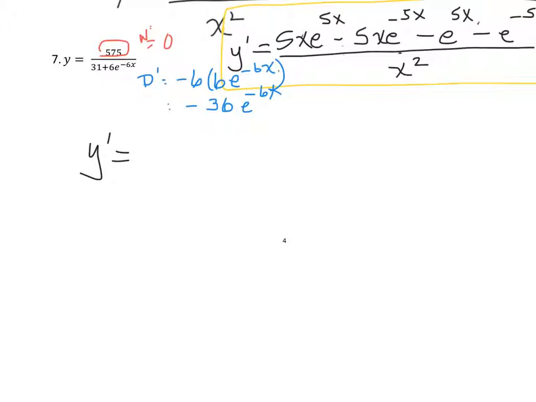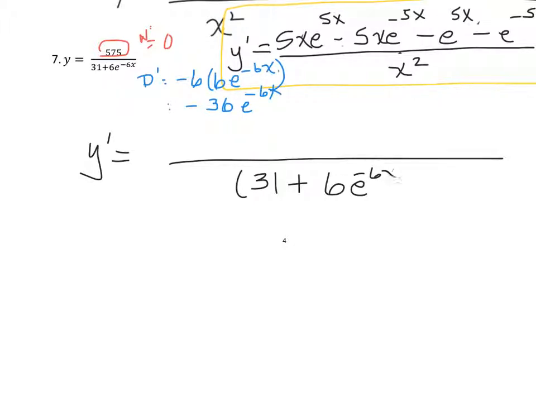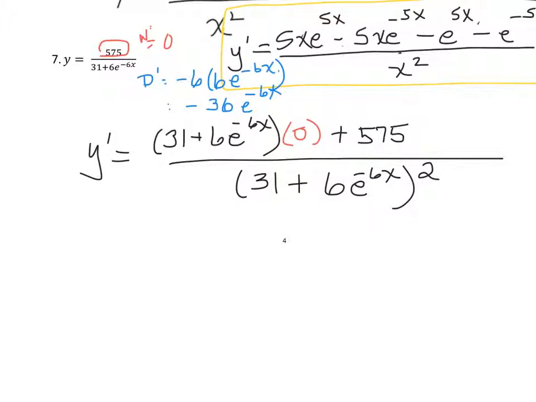So y prime says start in the denominator, and the denominator is 31 plus 6e to the -6x, quantity squared, and then take that denominator to the numerator, 31 plus 6e to the -6x, times 0, which is the derivative of the constant that's in the numerator, plus the numerator, which is 575, times the derivative of the denominator, which is -36e to the -6x.